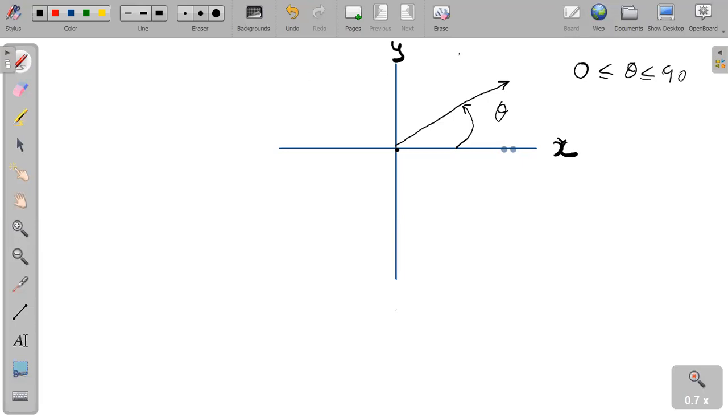So we have the first quadrant, the second quadrant, the third quadrant, and then the fourth quadrant. Considering the direction that we are taking, we are going in the anti-clockwise direction. So that's the positive direction.